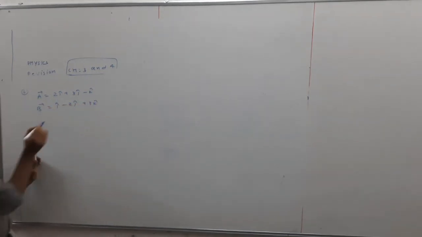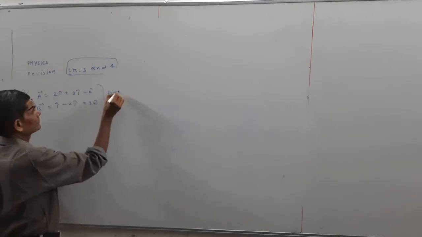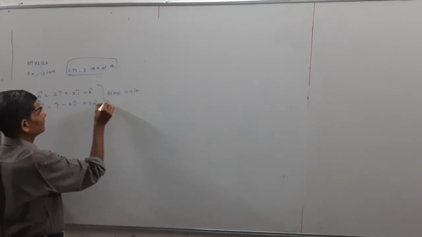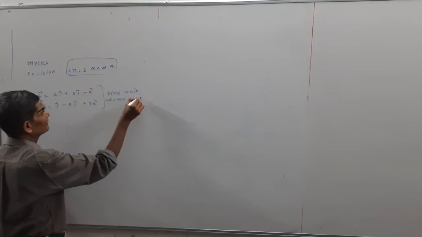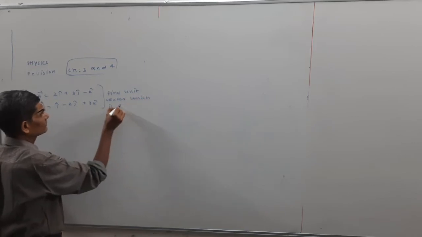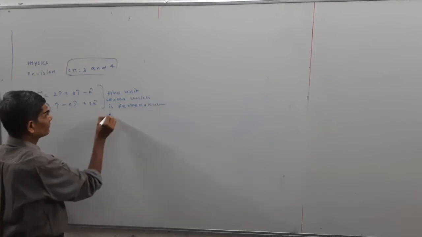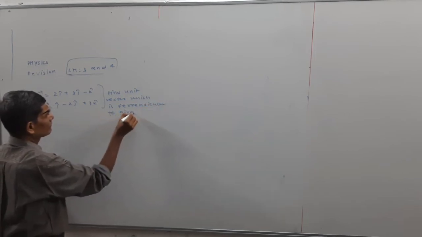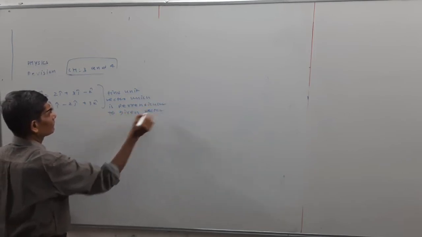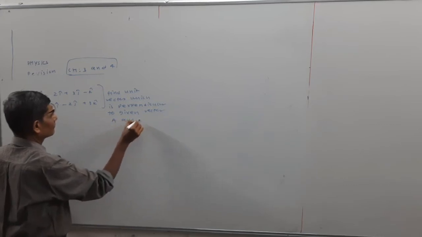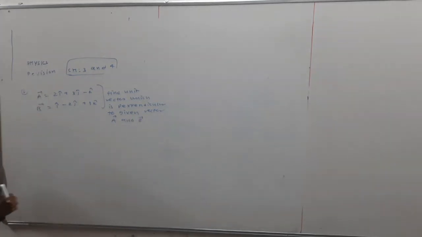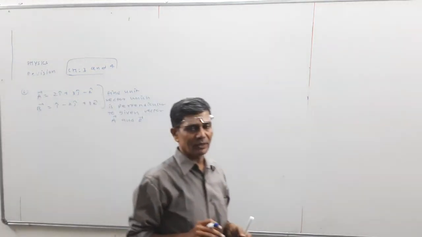Find out the unit vector which is perpendicular to A and B. Now we studied this in the properties of the vector product.